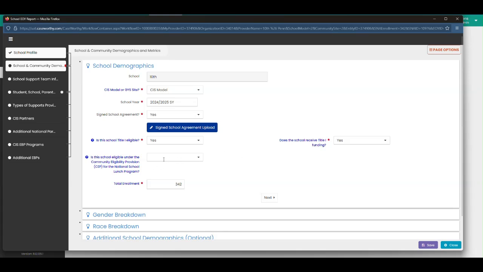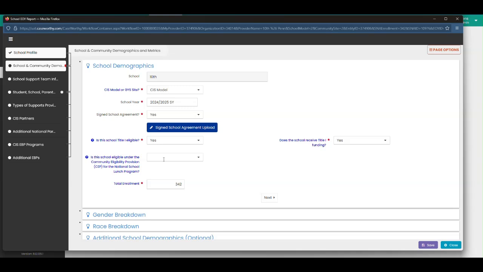Similar with the community eligibility provision, this is a situation in which, regardless of a student's individual status, they're going to be eligible for free and reduced price lunch. So I believe Reading, Allentown, our big urban districts do fall into the community eligibility provision.